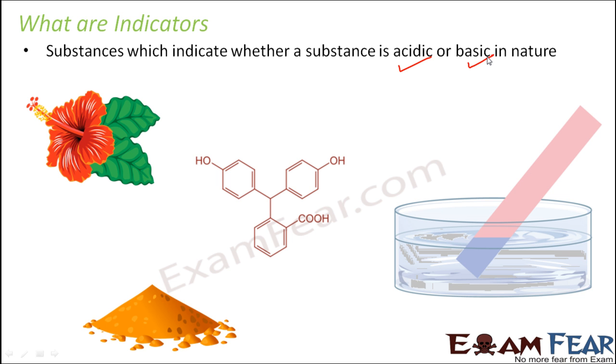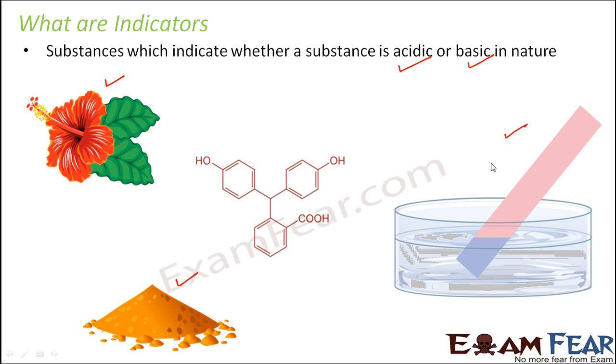Some such examples are the China rose, which is also known as hibiscus or gurhal. This China rose acts as an excellent indicator. Again, turmeric, which you will often find in your kitchen because it is used for cooking a lot of stuff. The litmus test. Litmus is a kind of dye which is obtained from lichens. You remember lichens? We discussed them in our previous lesson.